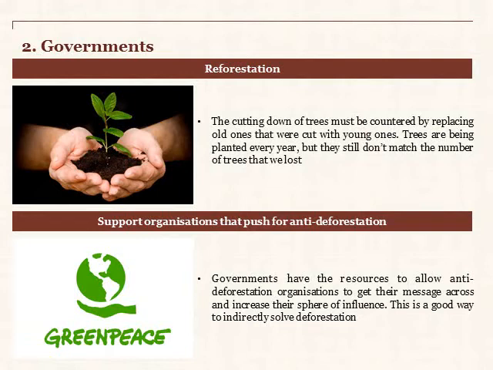Governments have the resources to allow these organizations to get their message across and increase their sphere of influence. Also, governments can announce special rewards for the organizations and corporations who strictly follow the anti-deforestation rules. So governments can actually play a big role regarding that.